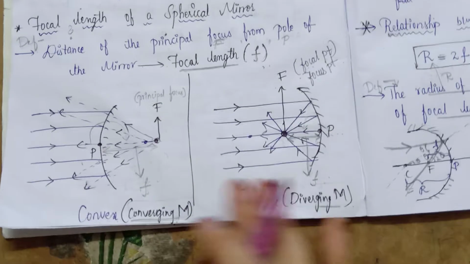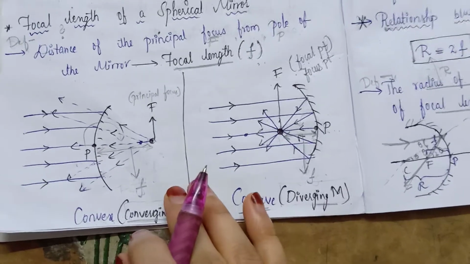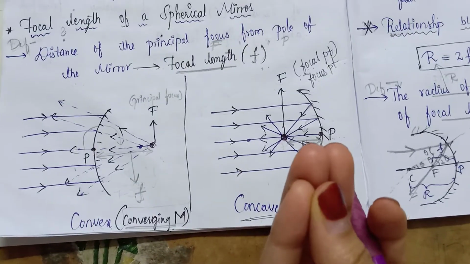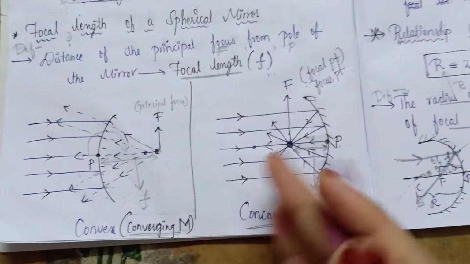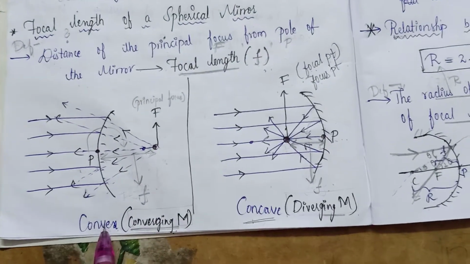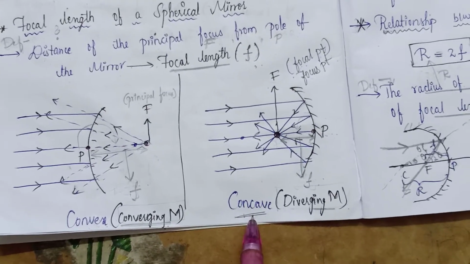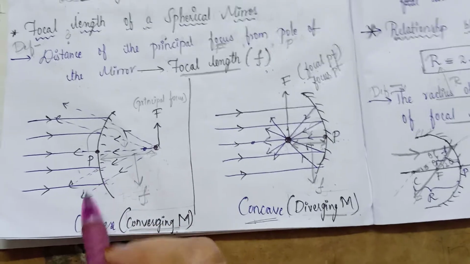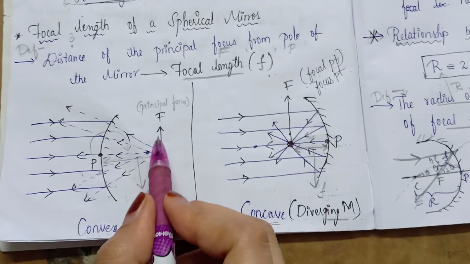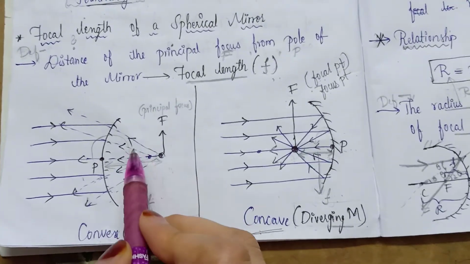Come to this diagram. By this diagram, I can give my points clearly to you all. This is our convex mirror, which is also called the converging mirror, and this is our concave mirror, which is also called the diverging mirror. In a convex mirror, the principal focus lies behind the mirror.